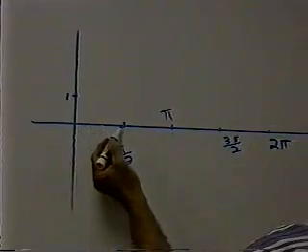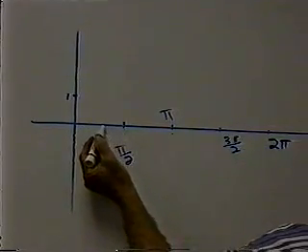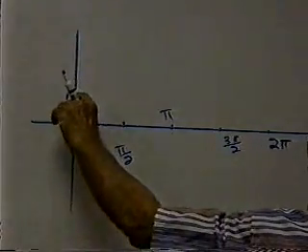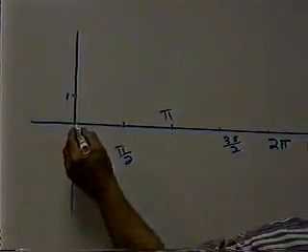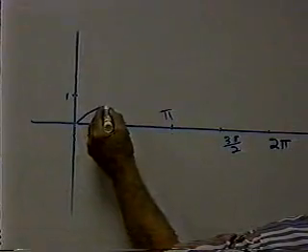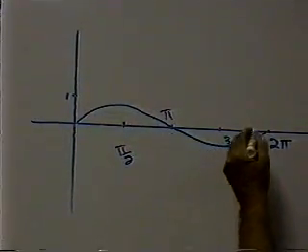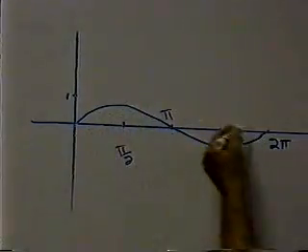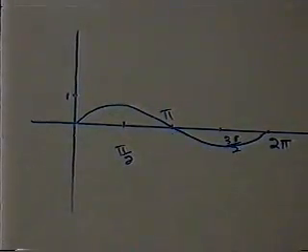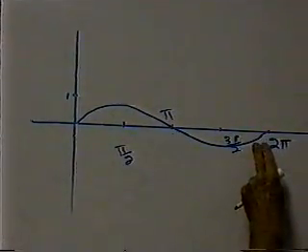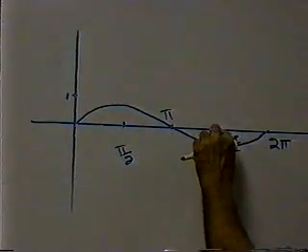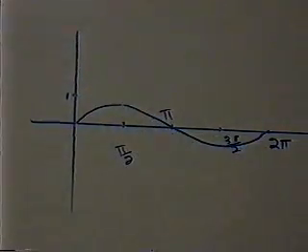Therefore, if this is 1.57, then 1 is back in here, so that makes this distance 1 here. And so what happens, and you do this on your calculator, is the sine curve doesn't come up very high here compared to being out here a distance of 6 inches. It comes only 1 inch high here and low.